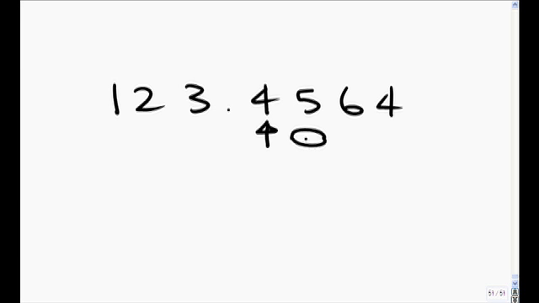The digit to the right is a 5. That means the approximate value is 123.5 because we add 1 to the 4. The digit to the right, being a 5, 6, 7, 8, or 9, indicates that we add 1 to the 4.